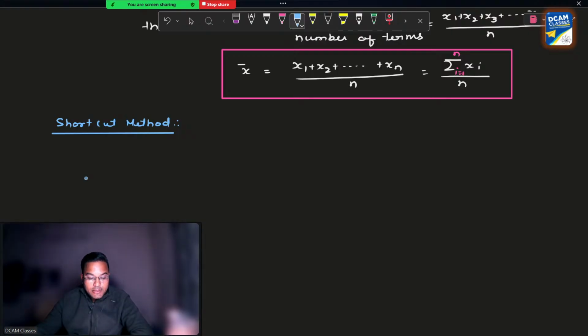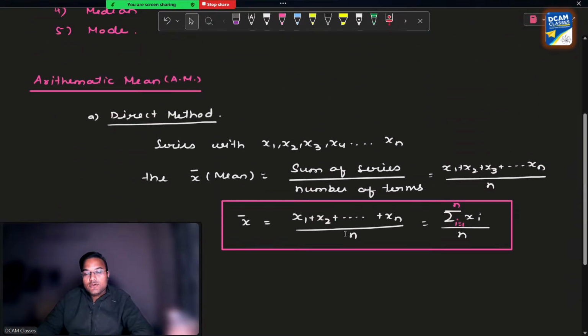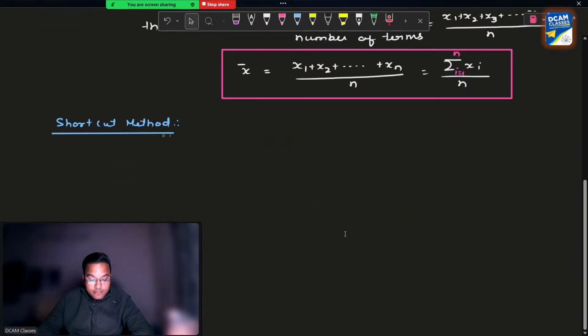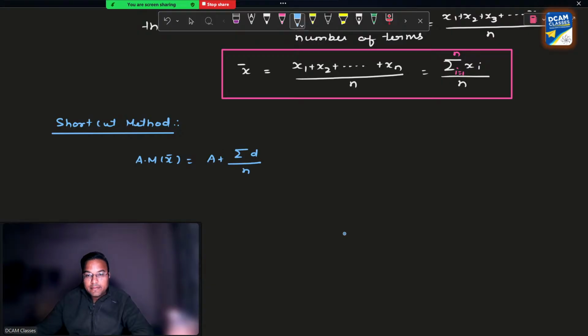Acha, the shortcut method that we have discussed is how to find this mean. There is a shortcut method also. The shortcut method is arithmetic mean x bar is equal to A plus sigma d divided by n. Now what is A?